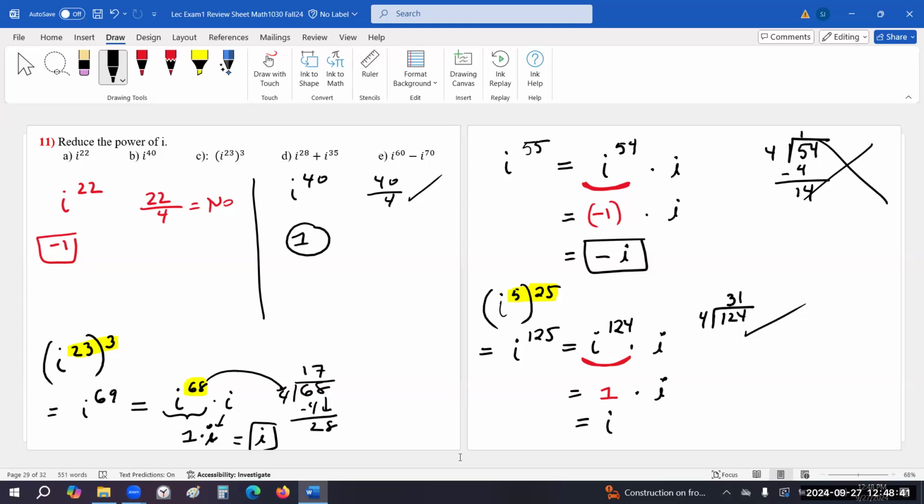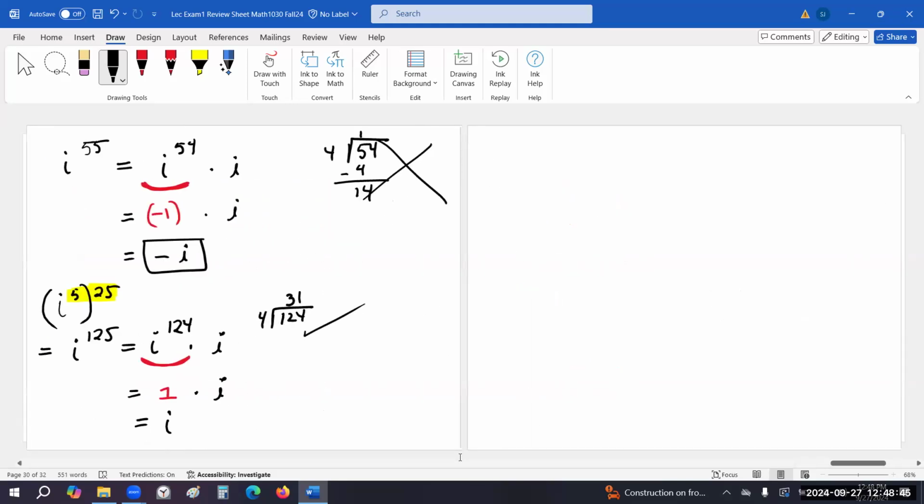Okay, now let me show you how I usually teach this one. If you don't understand, no problem. For example, i to the 29. Well, 29 is odd, so it's split into two pieces, i to the 28 and i.